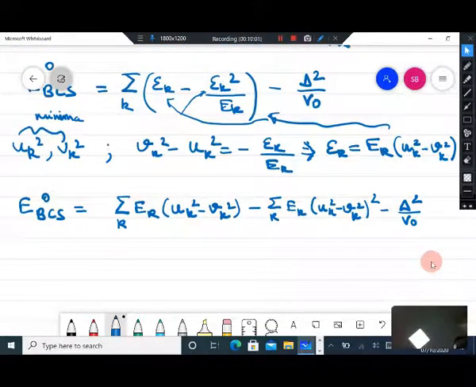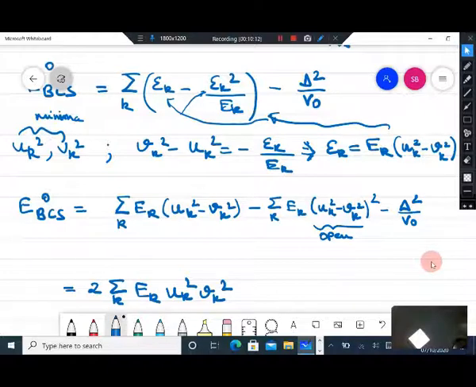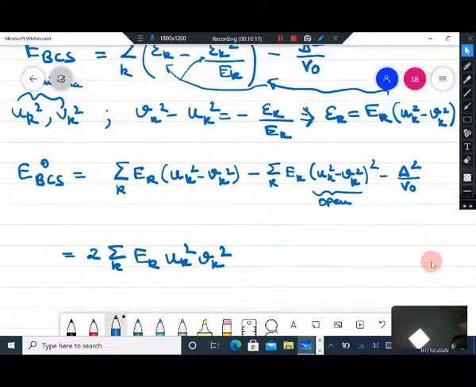Okay, and now if you open out this term and you simplify, you will get the following term: summation over k of Ek Ek square, which basically comes from the product of these two terms, and the remaining terms you can write as.